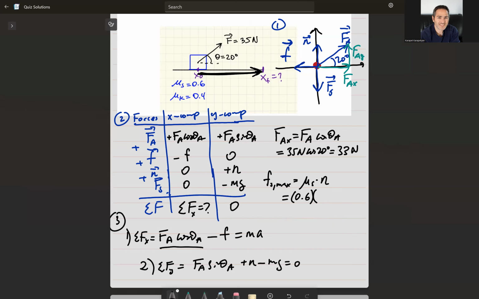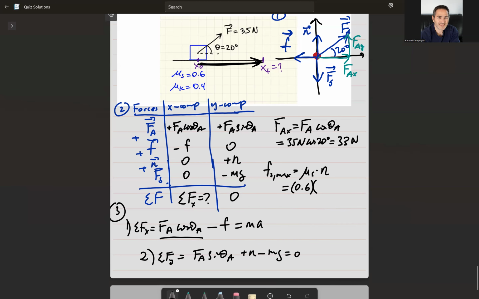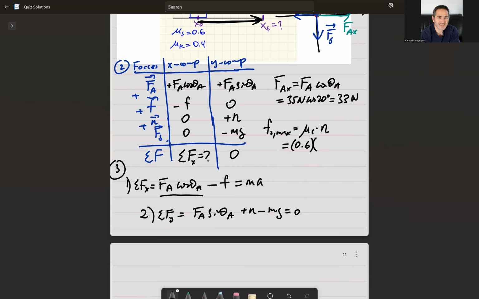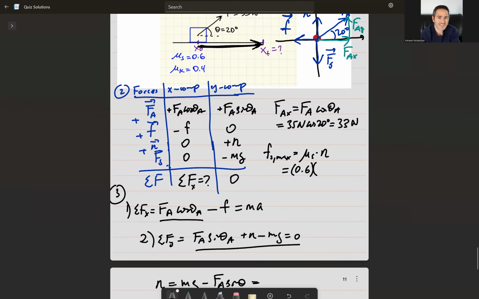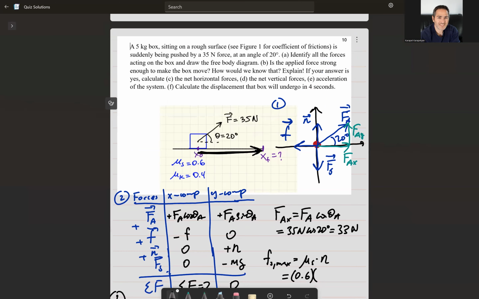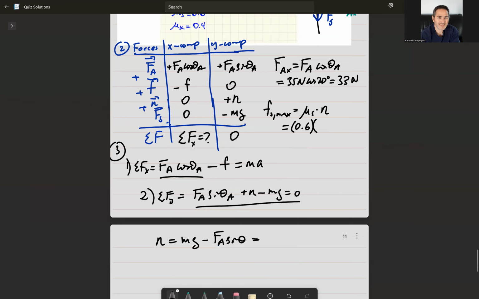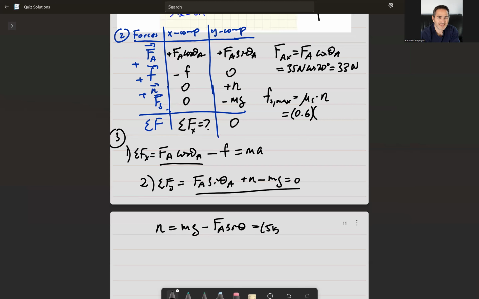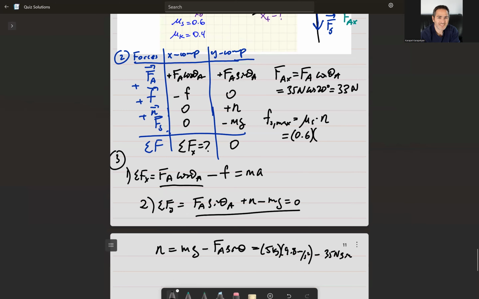So we can see that equation 2 allows me to calculate the normal force. If I rearrange, the normal force is equal to mg minus FA sine of theta. And I can come back here and see that the box is 5 kilograms. So I can just do 5 kilograms times 9.8 meters per second squared minus 35 newtons times sine of 20 degrees.